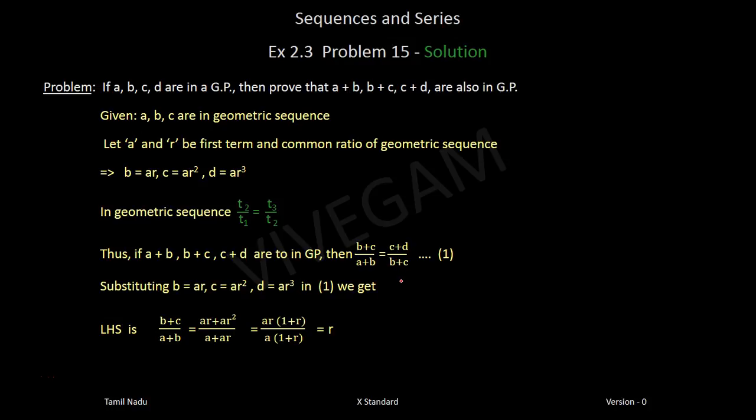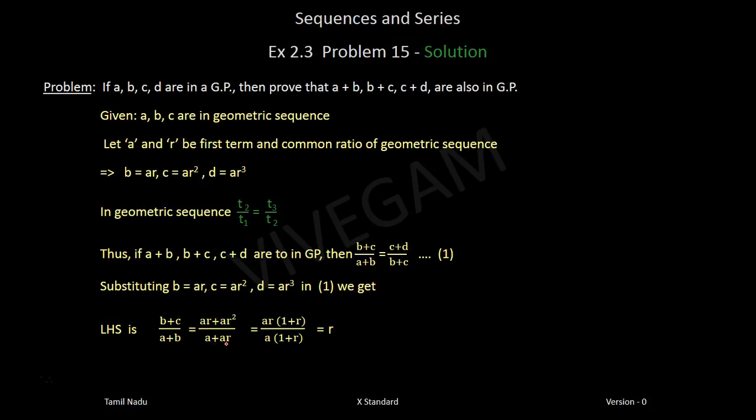Now the problem starts. Substitute B equal to AR, C equal to AR squared, D equal to AR cubed in equation 1. So what will happen? B plus C will be AR plus AR squared, and A plus B is A, which remains the same, and B is AR. If you look at this, you can take AR commonly out, so you will get AR into (1 plus R).